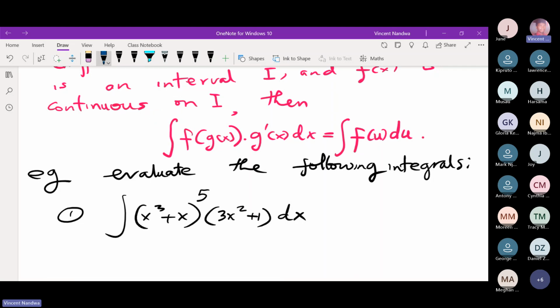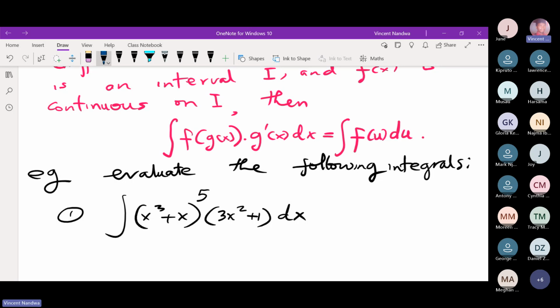Usually what happens, you have to study your integrand and set part of the integrand or the whole integrand to a variable u, such that when you differentiate that u, it can give you an expression that will convert the whole integral in terms of this new variable u, such that the new integrand in terms of u is easier to evaluate using the standard method we have done previously, the power rule.